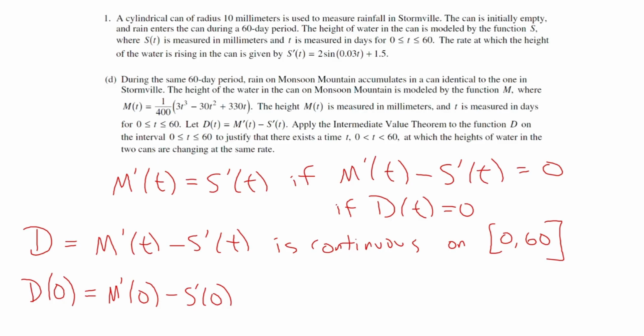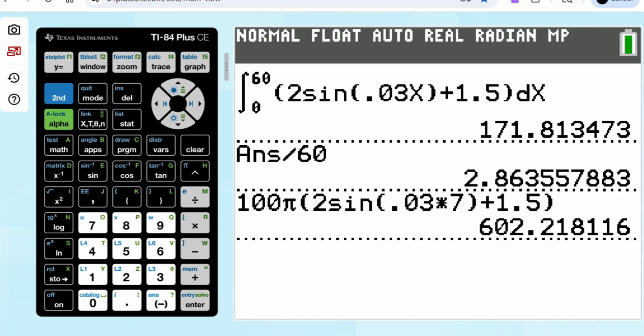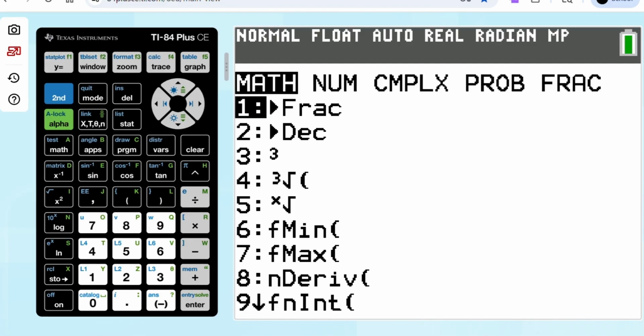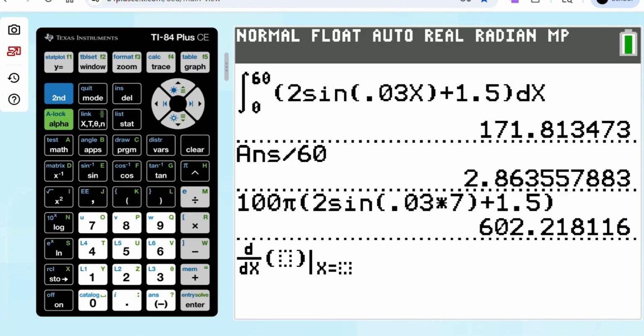And s prime of 0 and m prime of 0 can both be found pretty easily. We'll just use our calculator here to find m prime of 0 minus s prime of 0. So we need to find the derivative of that new function of m at 0. We'll hit math, go down to option number 8, and take the derivative with respect to x of that function.